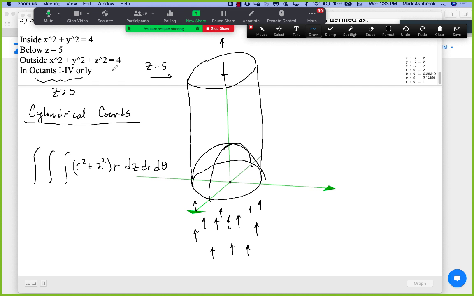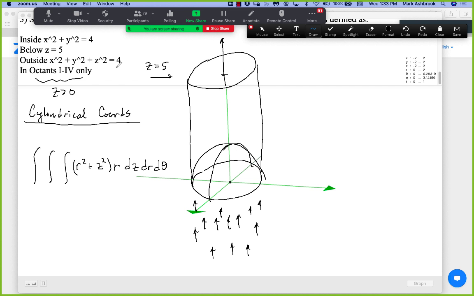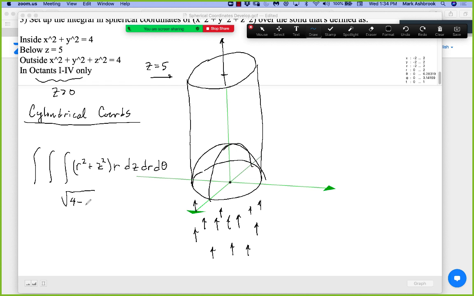So what is that sphere in cylindrical coordinates? Z equals the square root of 4 minus x squared minus y squared, which is 4 minus r squared.